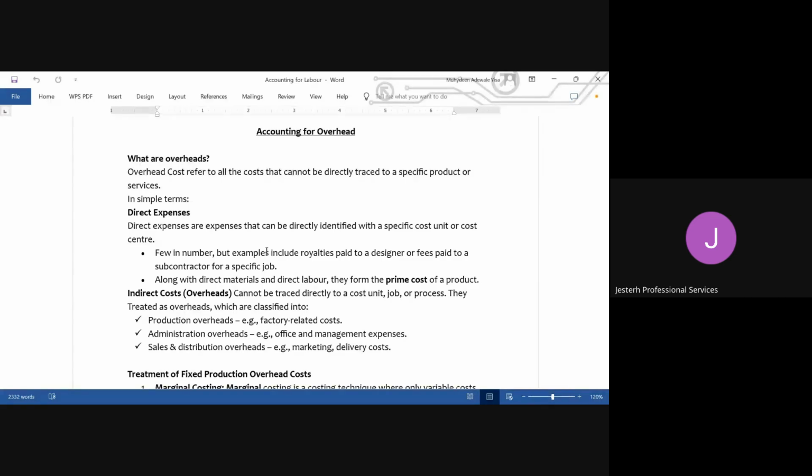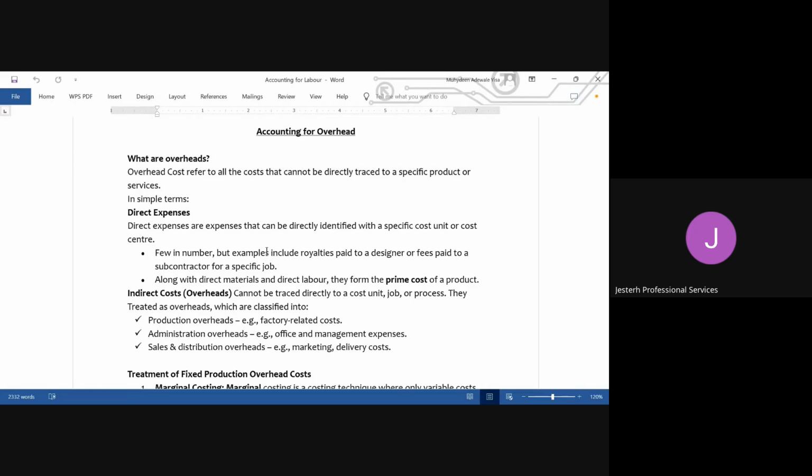Anywhere you see direct expenses, you should know that these are the costs that are directly tied to a specific level of productions or cost centers. They are related fully to that product that you are producing, or to that service that you are rendering.